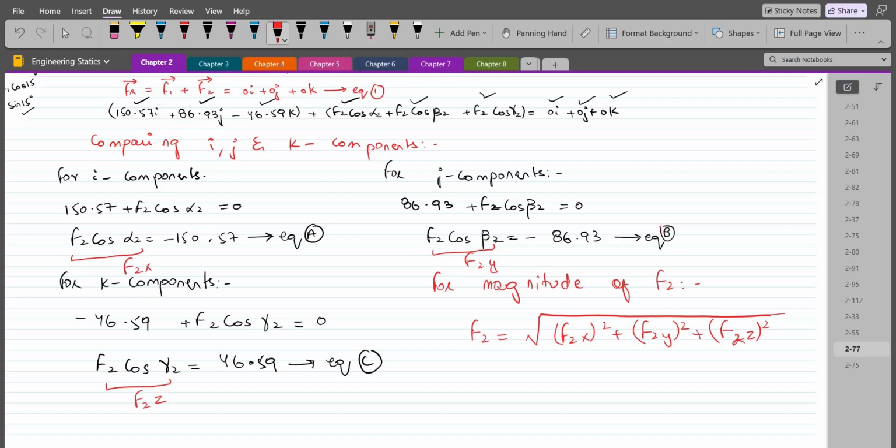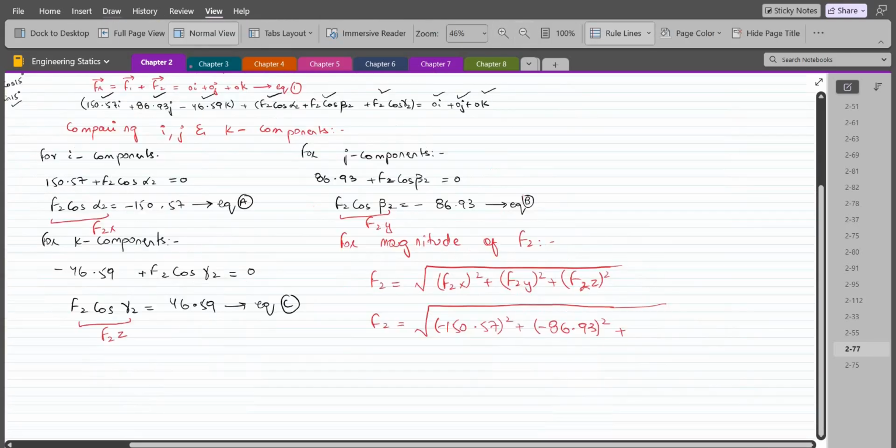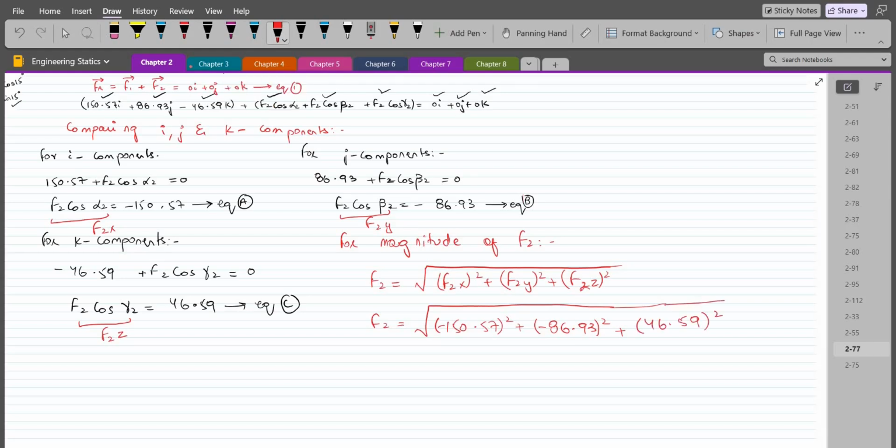If I substitute the values, F2 equals the square root of F2x, which is negative 150.57, squared, plus F2y, which is negative 86.93, squared, plus F2z, which is 46.59, squared. Upon simplification, F2 comes out to be 180 newtons. This is our first answer.